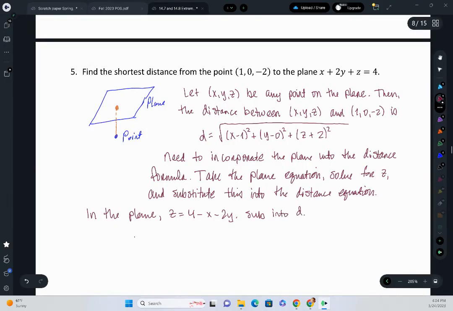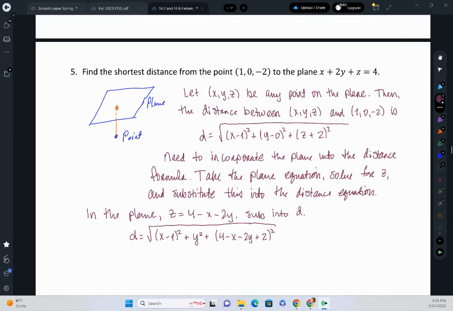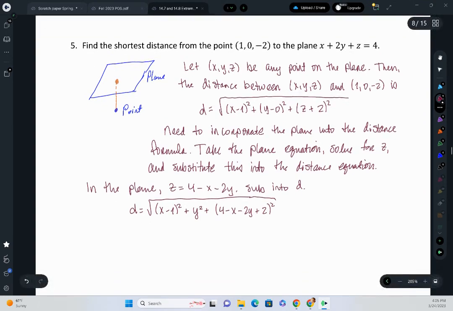And I get d is equal to the square root of x minus 1 all squared plus y squared plus, in parentheses, 4 minus x minus 2y plus 2 all squared. So I just replaced z with 4 minus x minus 2y. Okay, now I'm having another problem. I'm looking at this in the square root and I'm not wanting to take first partial derivatives. Like, that just looks horrible.